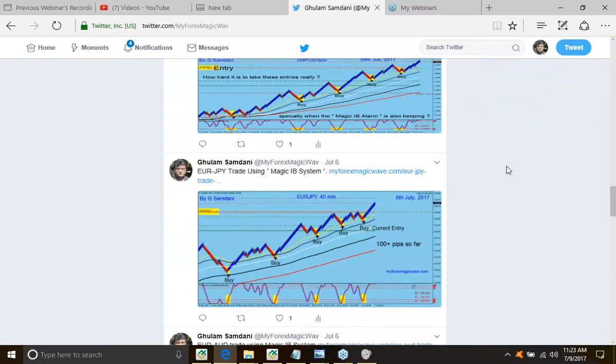So this is it for now. I just wanted to show what the Magic IB system is all about. And not only can you trade Forex, but you can trade commodities, anything as long as it is on MT4. The indicator that draws these candles works on MT4 only.